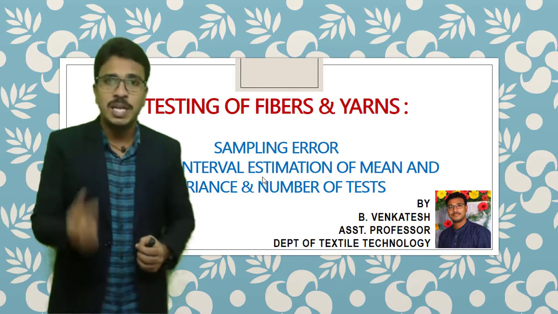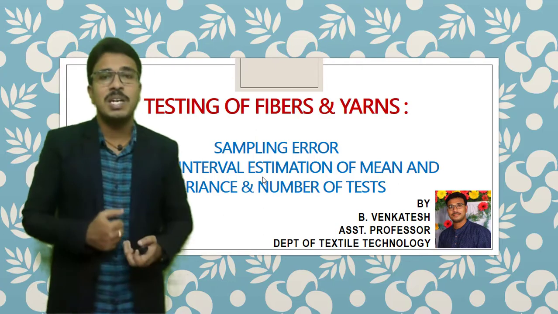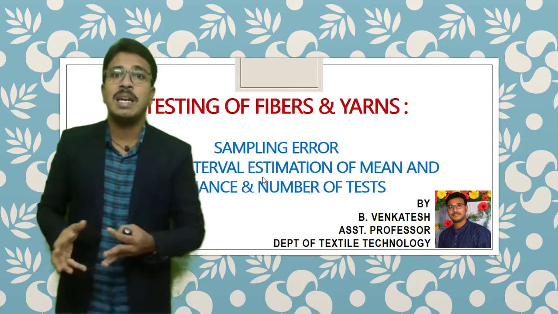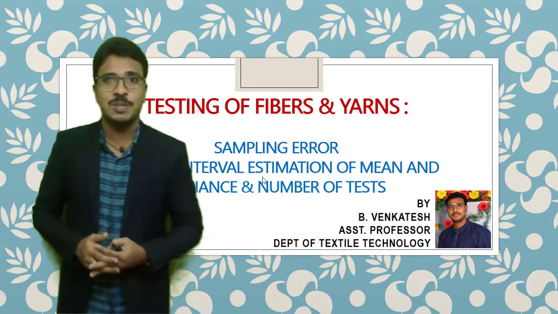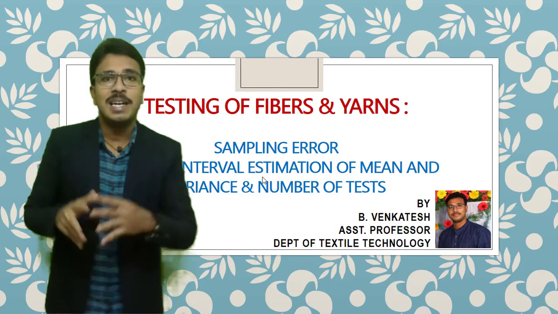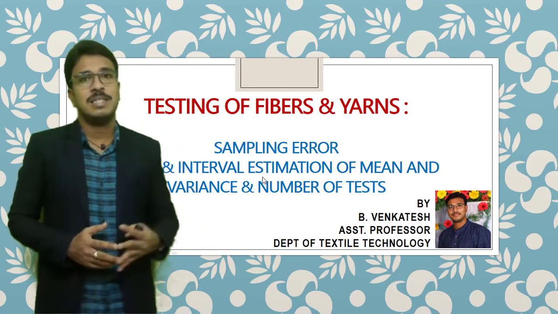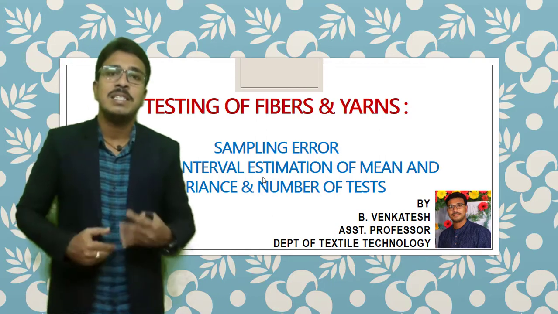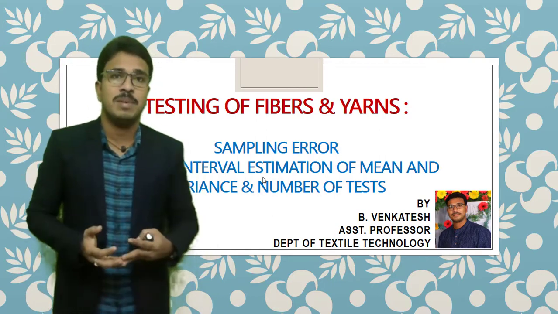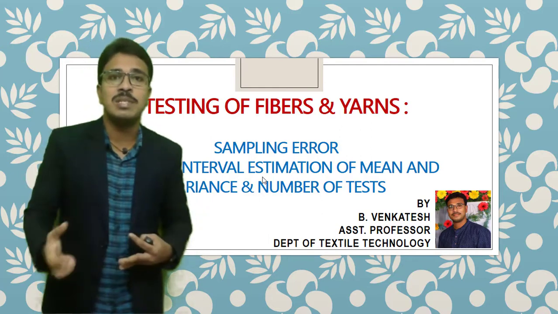And in textile testing, why are we doing sampling? We do sampling because we can't test the entire thing we have produced. If you have produced 1000 kgs of yarn, it is highly impossible for you to test the entire 1000 kgs. Why? Because some kinds of tests are destructive, which means once you test it, you can't use the sample again.